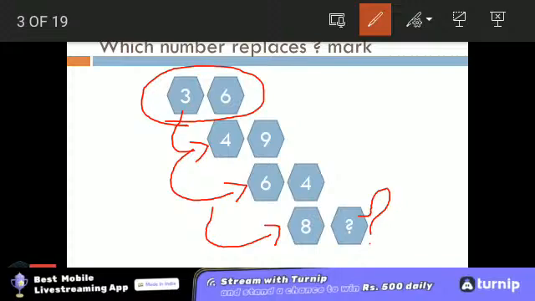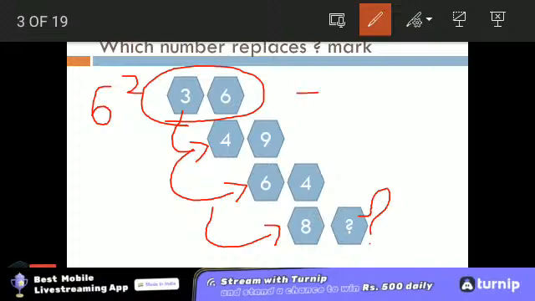Think of it. 36, 49, 64 is a simple series. The next number after it would be, yes, perfect. It is the squares going on. So 6 square is 36.